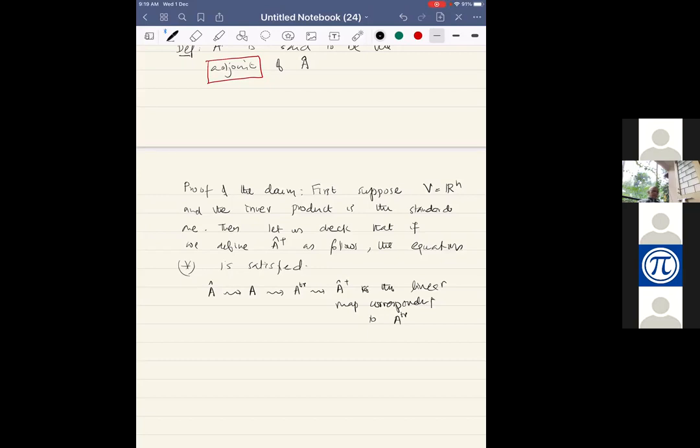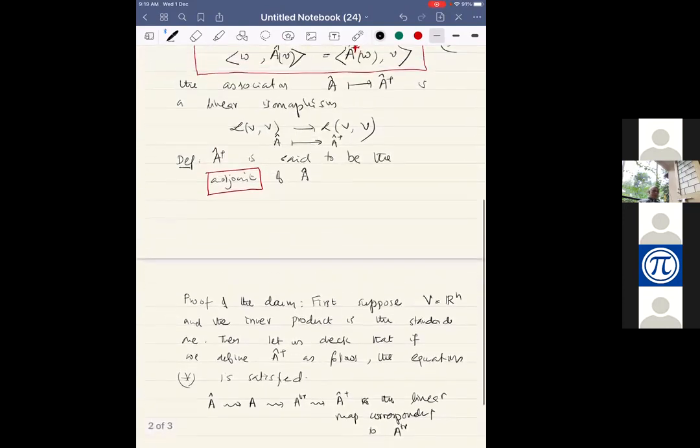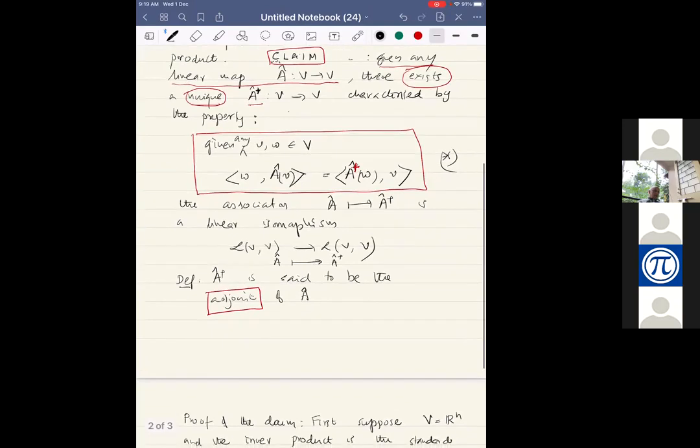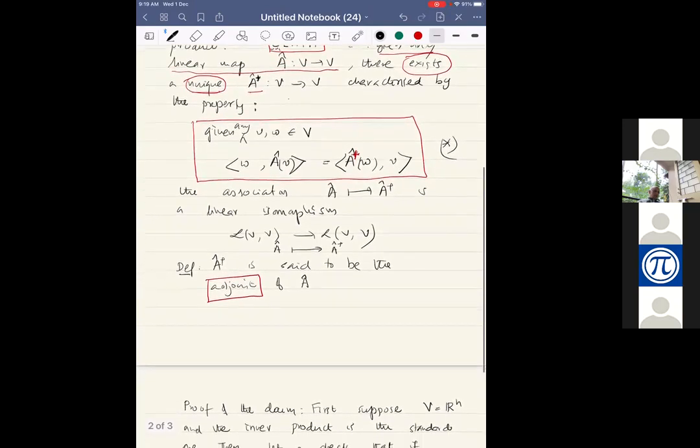Okay, so I claim that if you define A hat dagger like this, then this equation star is satisfied for the standard inner product. So let us check that.